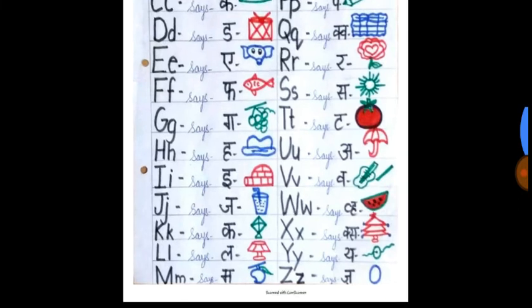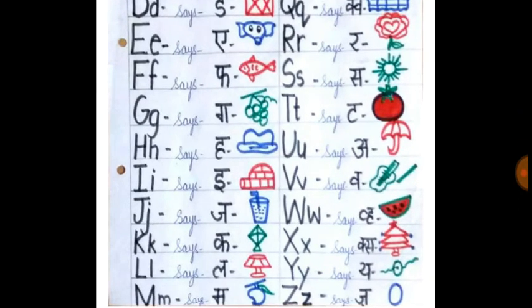I says i, igloo. J says j, juice. K says k, kite. L says l, lamp. M says m, mango.